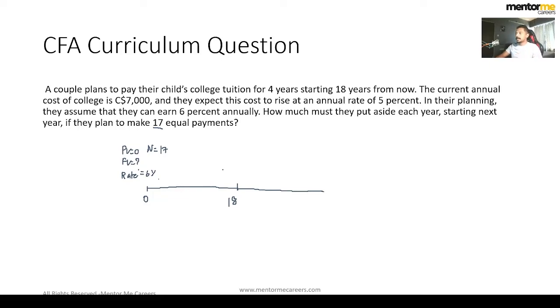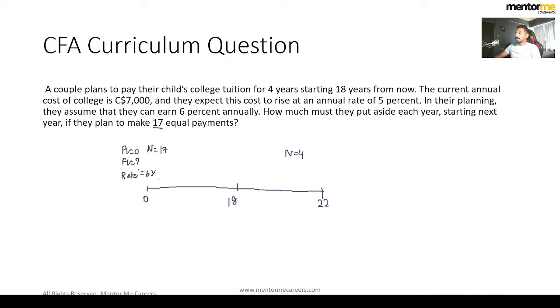So we have to go to the second part and see whether we have some data for us to calculate. If we see again from 18 onwards to about 22, we are going to obviously invest. So we have the N as 4, which is good. However, the cost of education is given as current at 7,000.